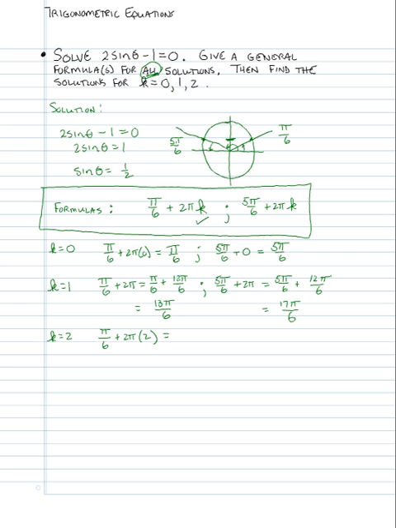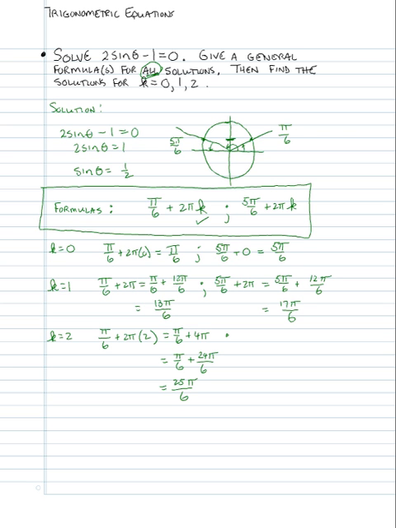And 2 pi times 2 is just 4 pi. So this is pi over 6 plus 4 pi. Now I need a common denominator so I can add those together. So I take 4 pi and multiply it by 6 over 6, and I get 24 pi over 6. And when I add pi and 24 pi, I get 25 pi, so this is 25 pi over 6.